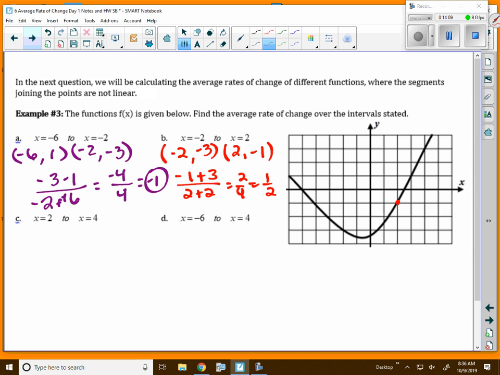Get 1/2? Okay, if you didn't, check your work up here.